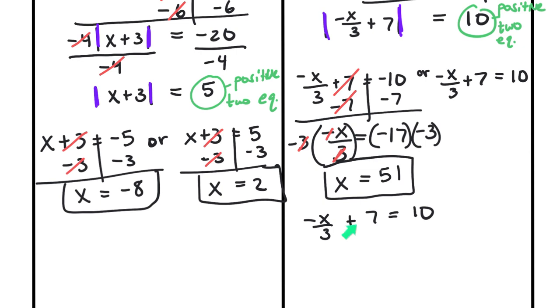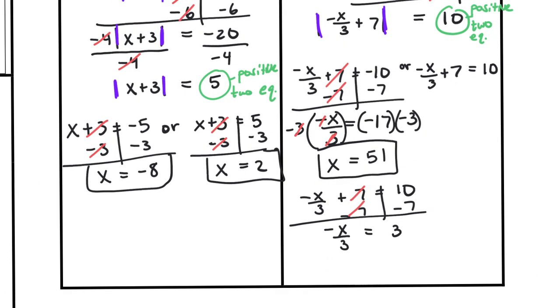And so if I write it, we're going to solve for x. So subtract 7, subtract 7. It's going to cancel over here. Then be left with negative x over 3 equals positive 3.